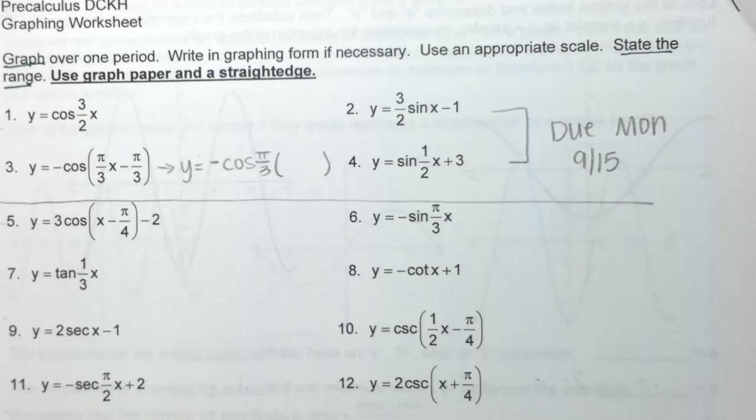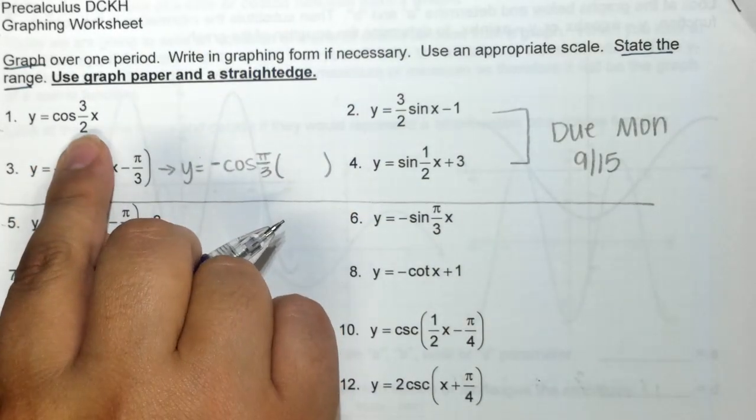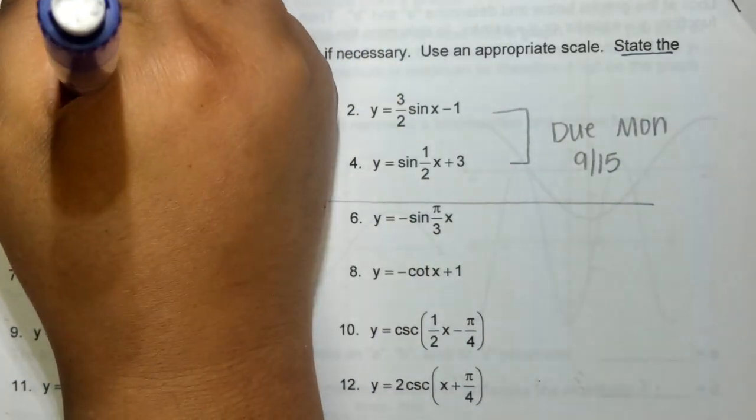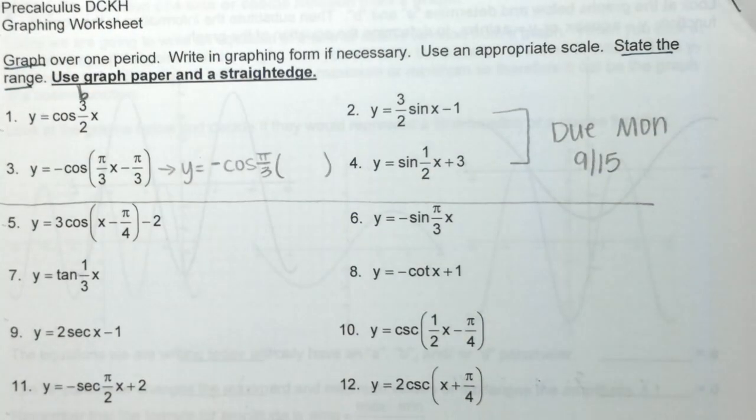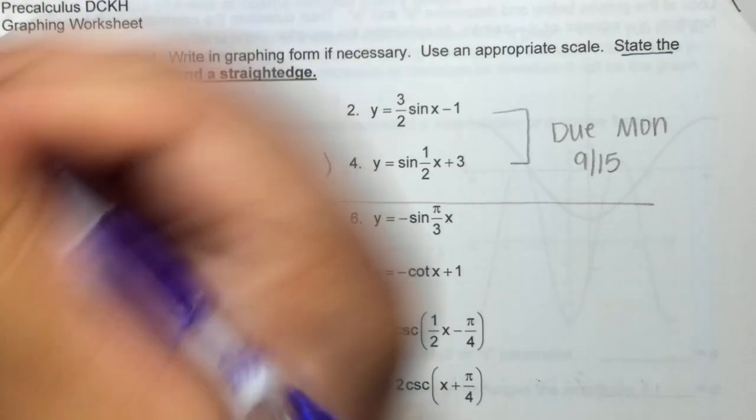For the first one, I'm going to wait till y'all are done writing so y'all can look up. The cosine of 3/2 x. Do y'all agree this is a b value? So what am I going to need to do? Find the new period.